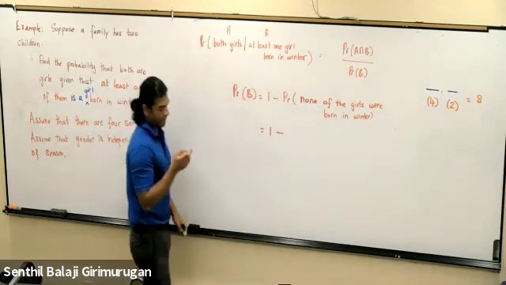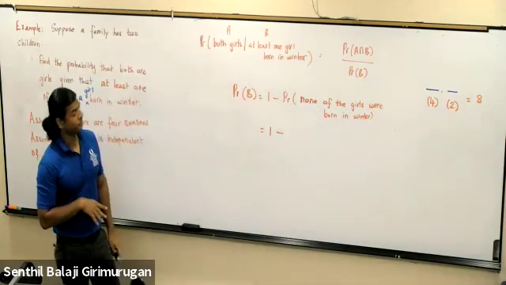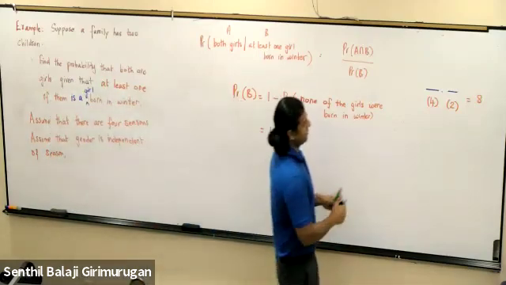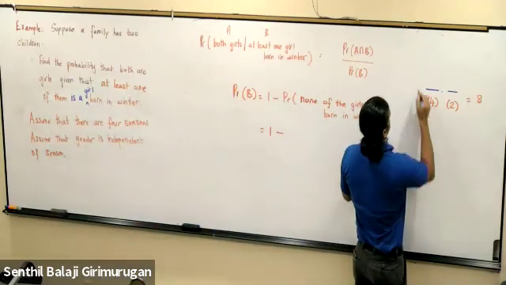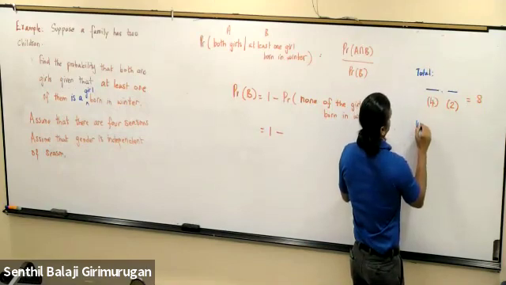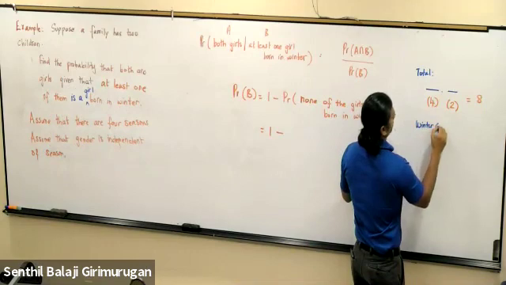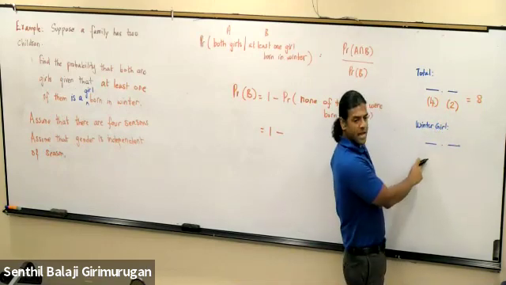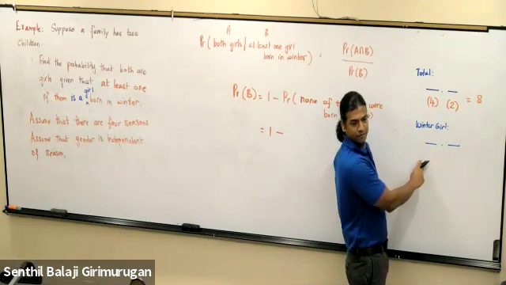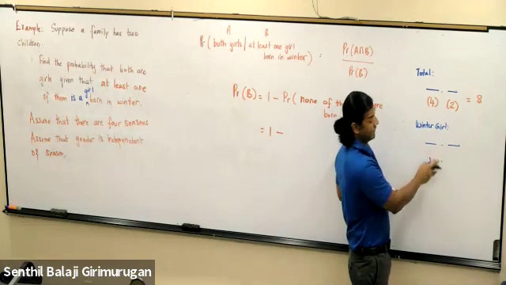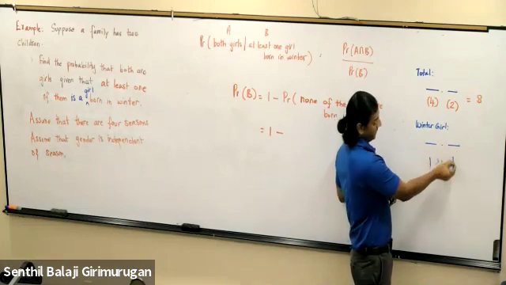Now we're saying we want to know a girl that's born in winter. So this is total, winter girl. How many would we have for season? 1. How many would we have for girl? 1, because it's a girl.